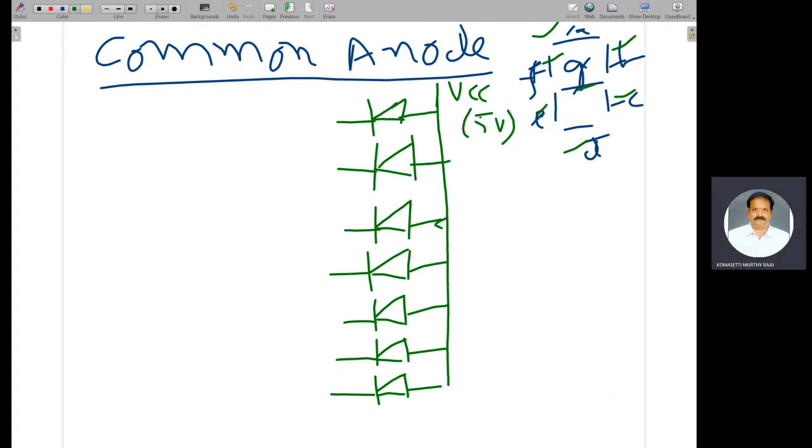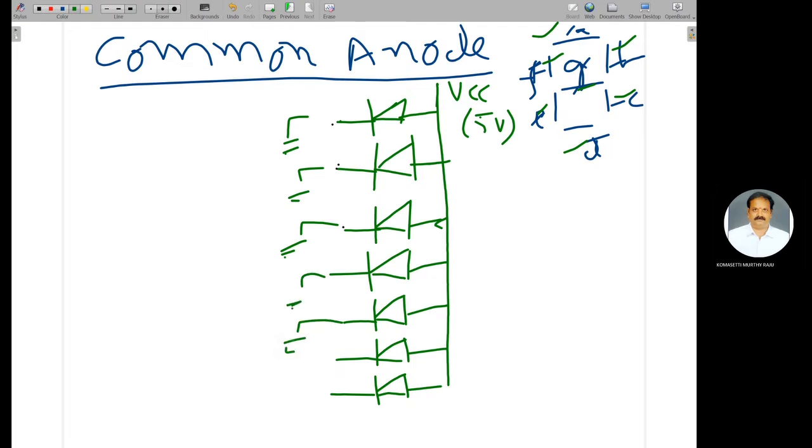These are the individual segments. Individual segments are illuminated by applying ground.